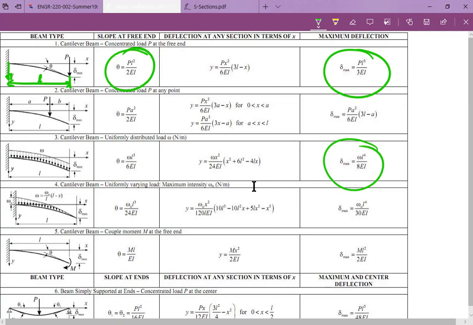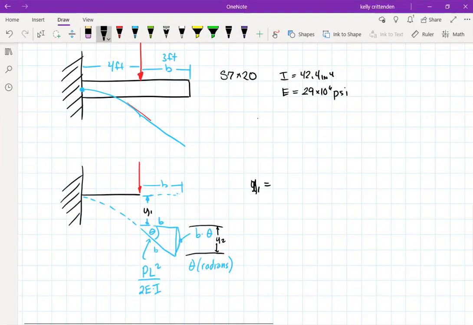So PL cubed over 3EI, but L equals 4 feet, not 7 feet.